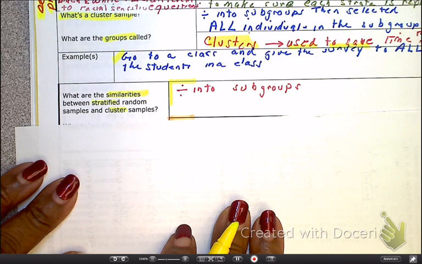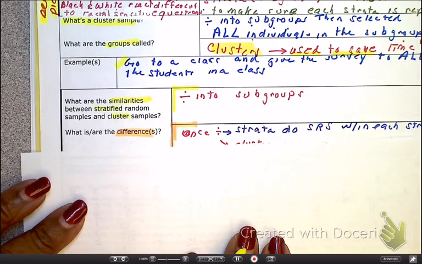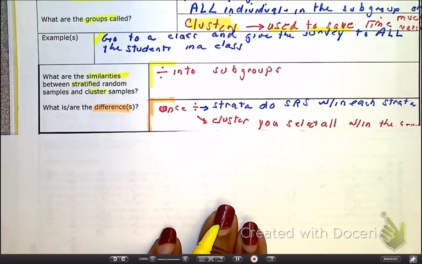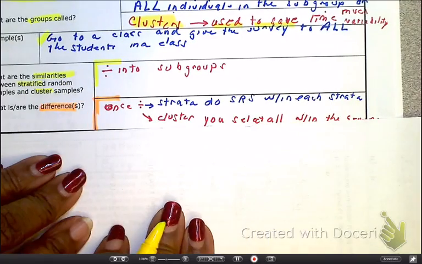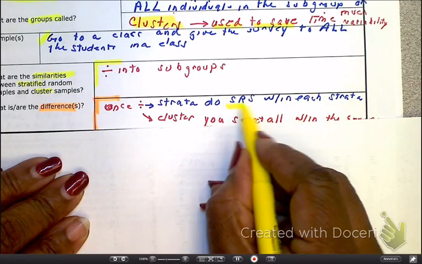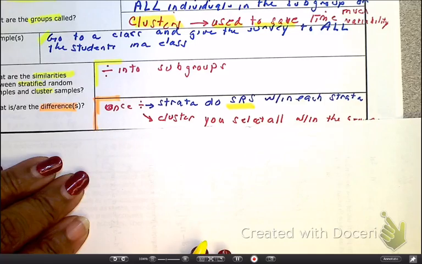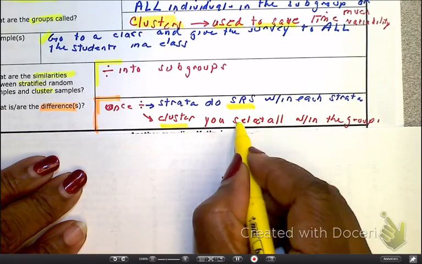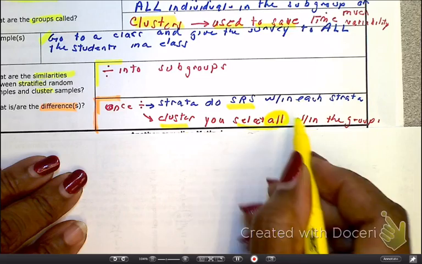Clusters, maybe. What are the differences? Once you have a strata, you take your subgroup and then you do an SRS to see who you're going to be selecting. When it's a cluster, you're going to select all of the people within the group.